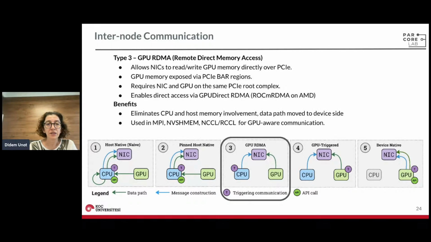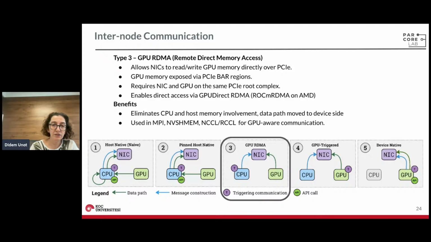And the third type, which is kind of the milestone, I think, for off-node communication, is GPU RDMA. I think it was introduced in CUDA 5. So this allows the NIC to read and write directly from GPU memory over the PCI. So this GPU memory is exposed to the NIC through the BAR region.